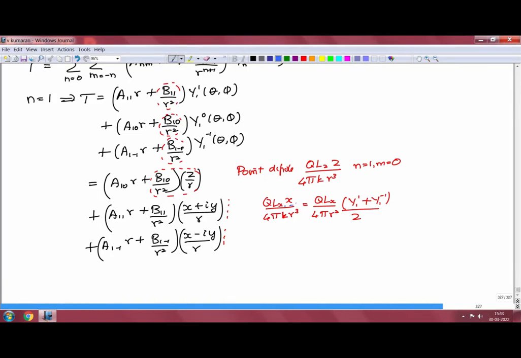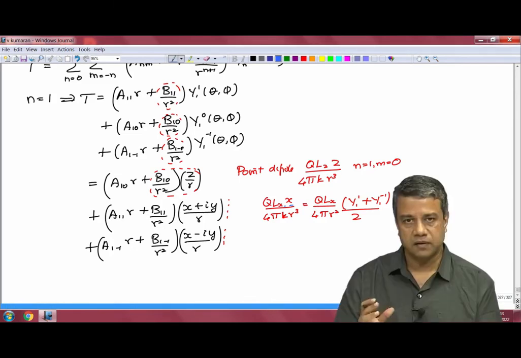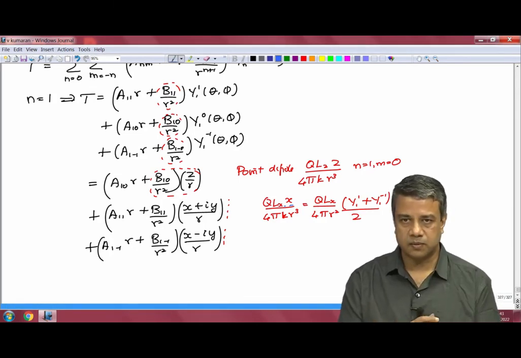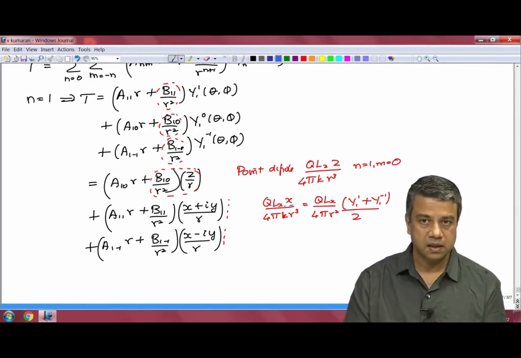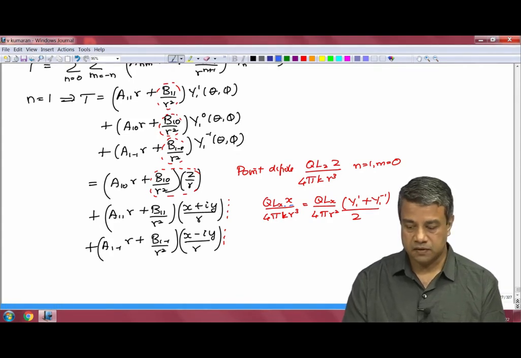So, the combination of minus 1 and 1 for m in this case, if you add them together, you get a point dipole separated in the x direction. And if you subtract them out, you will get a point dipole in the y direction.